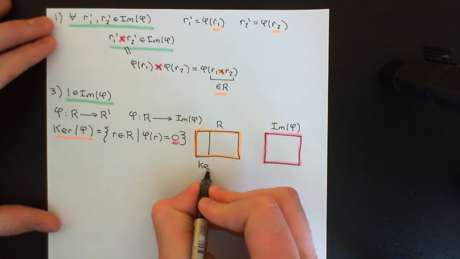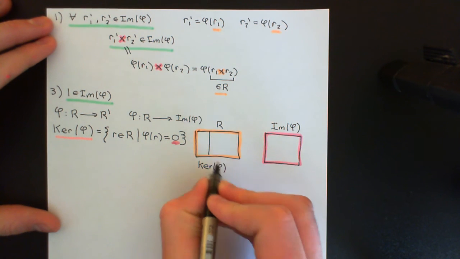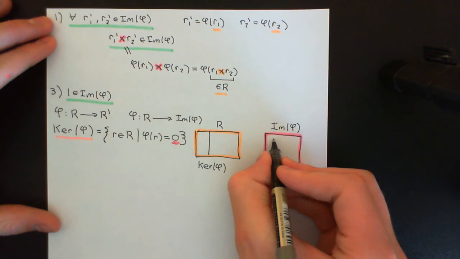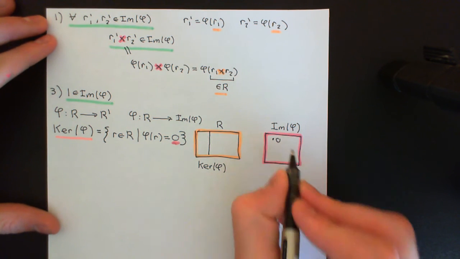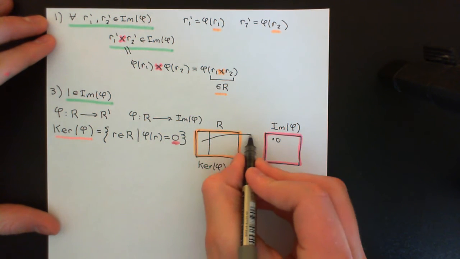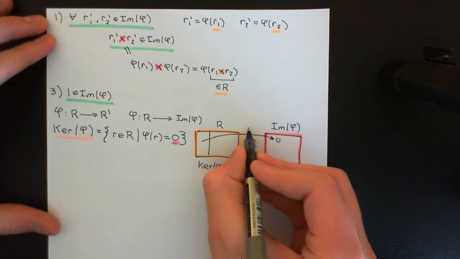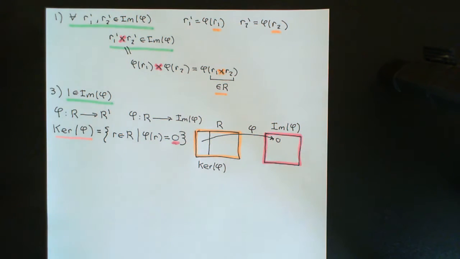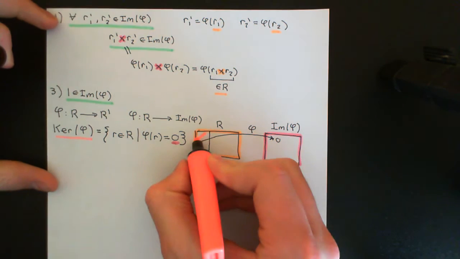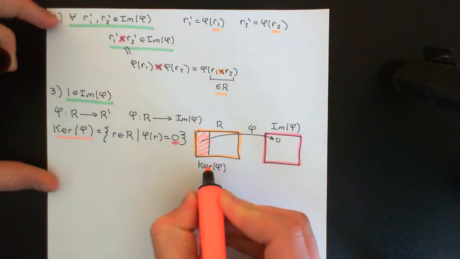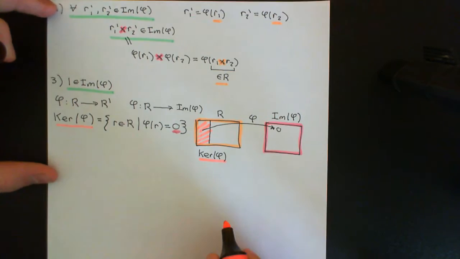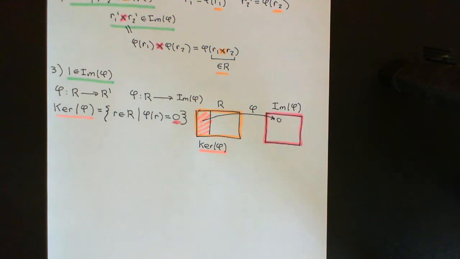All the elements in this subset are going to be mapped onto one particular element in the codomain ring. They're all going to be mapped onto the additive identity in the codomain ring by the ring homomorphism phi. So that is what is meant by the kernel of a ring homomorphism: the subset of the domain ring which is all the elements of the domain ring mapped onto the additive identity in the codomain ring.